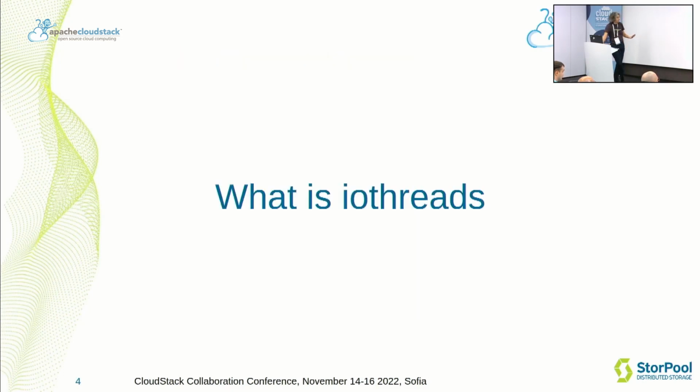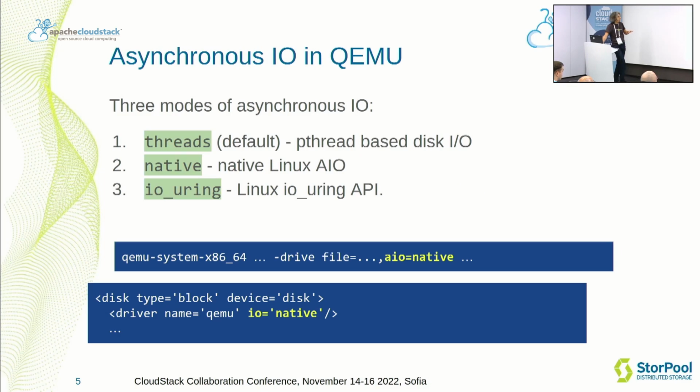So now let's go to the topic, what iothreads are, but before we can answer this, we need to understand the different modes of asynchronous I/O in QEMU. At the moment, QEMU supports three different interfaces and three modes for executing asynchronous I/O operations.